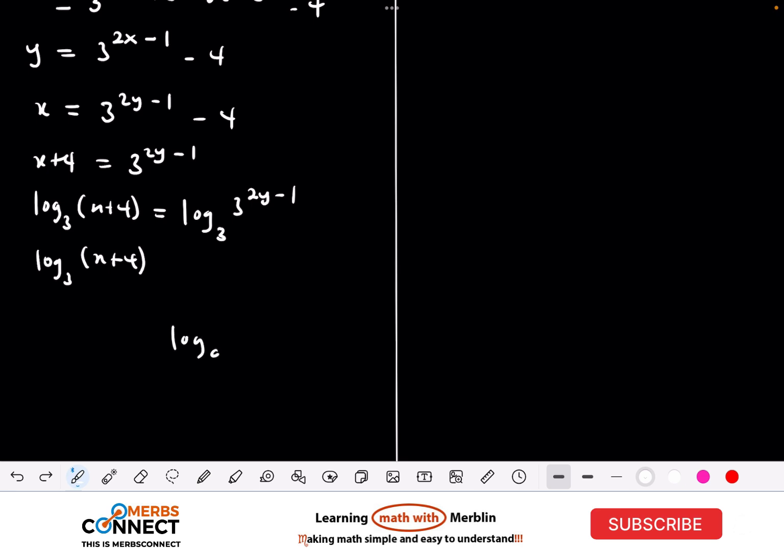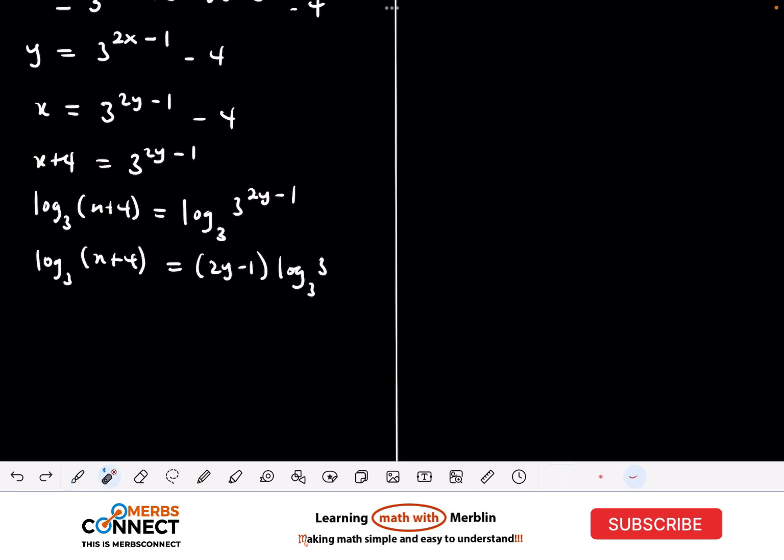Good. So we know from the third law of logarithm that if I have log of a to the power x, this is the same as x log of a. So I can take this exponent in front of the log because of the third law and then use that. So this is going to give us 2y minus 1 times log of 3 base 3.